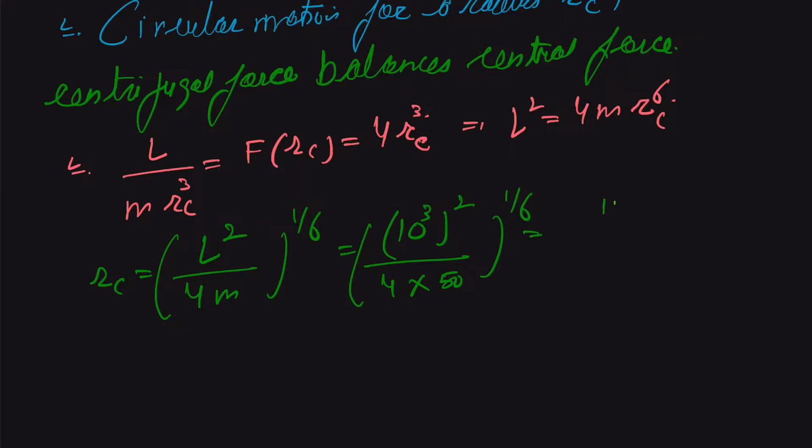So in the numerator we get 10 raised to power 6, and in the denominator 200, whole raised to power 1 by 6, which is 10 raised to power 4 divided by 2, equal to 5000, whole raised to power 1 by 6.